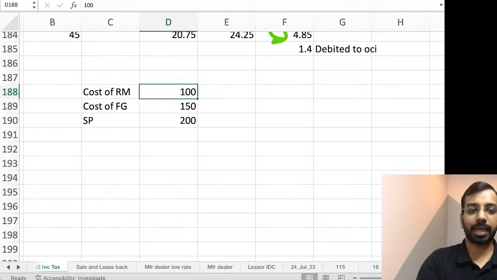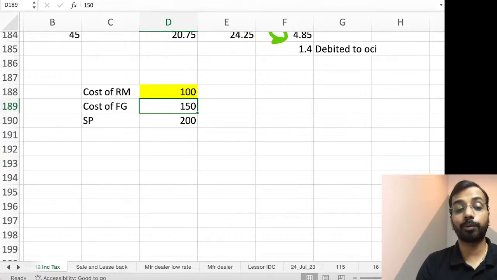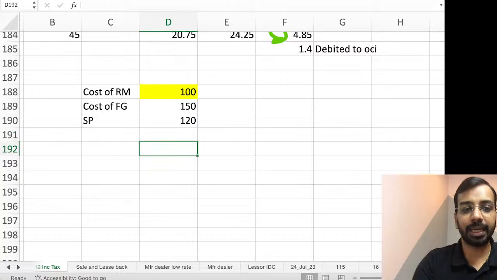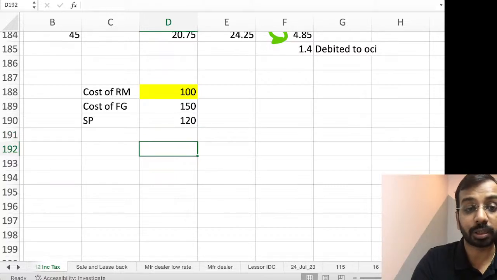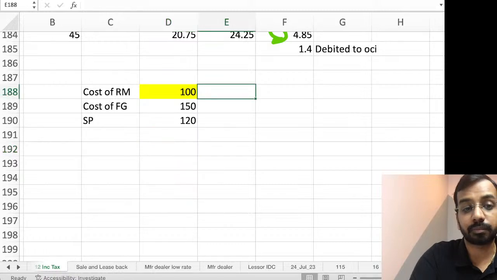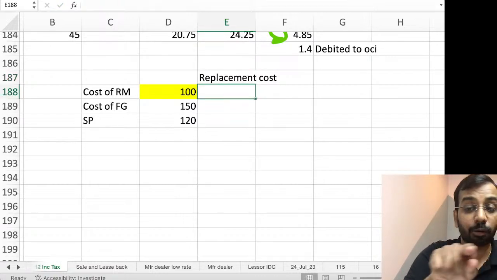Okay. Now, second scenario. Cost is 100, this is 150, selling price is 120. Now, if the selling price is 120, which means I am not recovering my cost, which means I have to calculate what is the replacement cost. The replacement cost, let us say, is 80. Then the standard says write it down to 80.